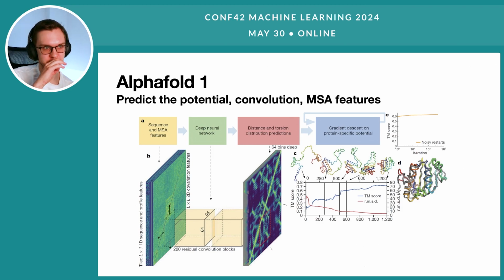Then, when we produce this kind of likelihood map, we can use physics-based methods to fold the protein really quickly, because we know which positions it is likely to take, and it really speeds up the whole physics-based process.